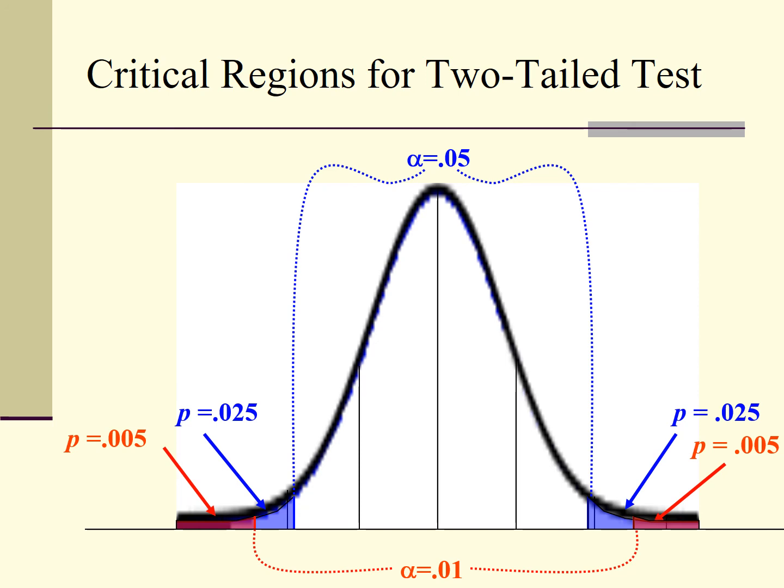So for a two-tailed test, you have two critical scores. One is positive, one is negative, and you have two rejection regions. One at the right tail, one at the left tail. If your score is greater than the positive critical score on the right, then you reject the null. If your t statistic is less than the negative critical score on the left tail, then you also reject the null.